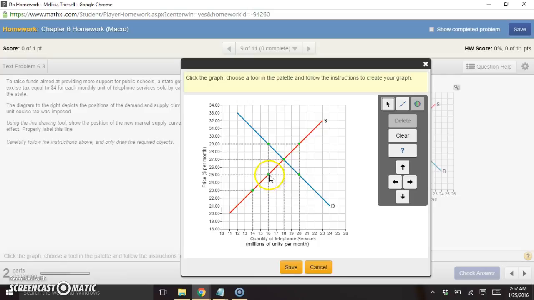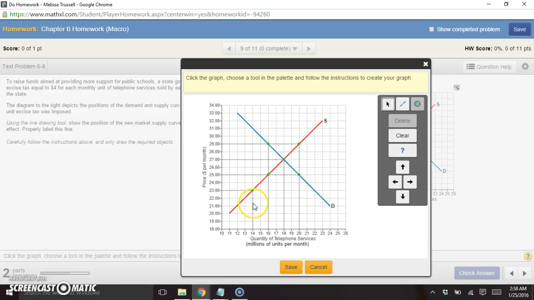The shift then is going to be a shift by $4, which just means that at each quantity of telephone service that's being provided, the supply curve now for providing that is going to be $4 more.